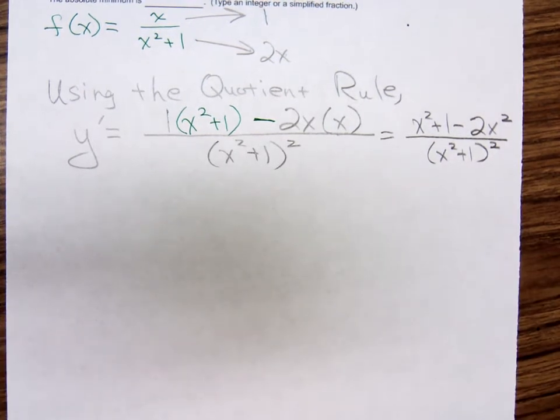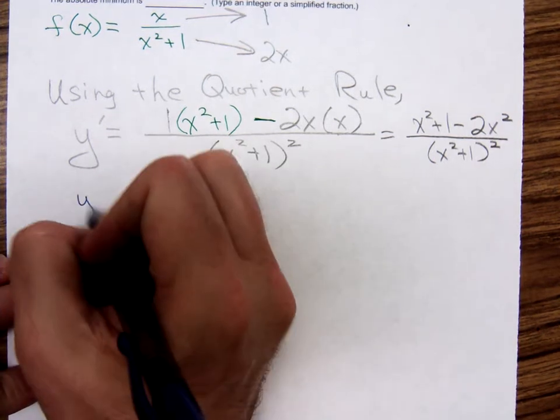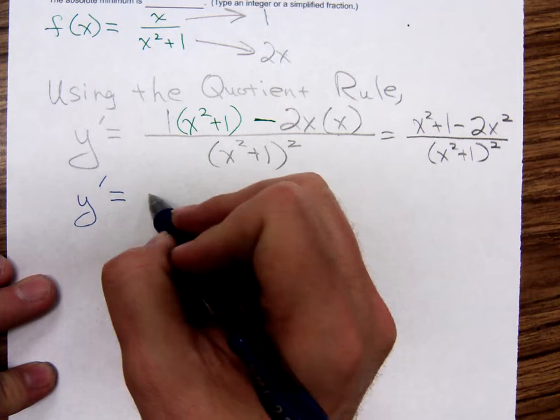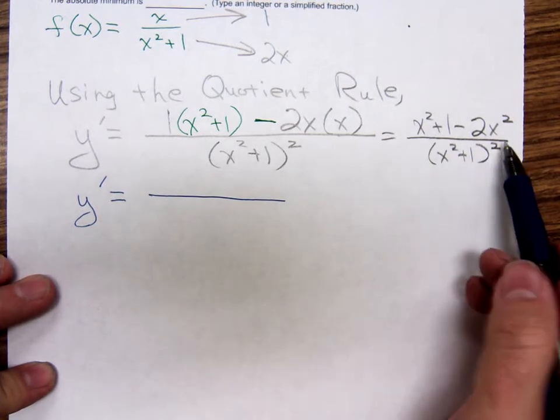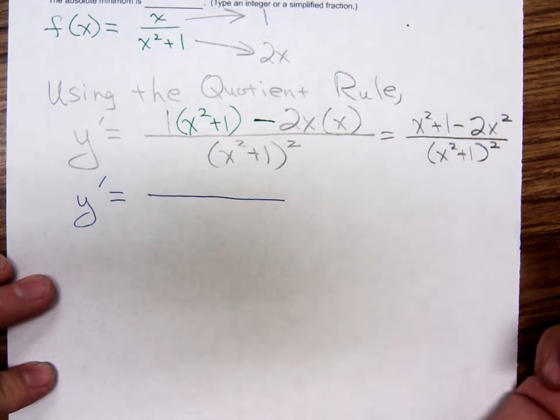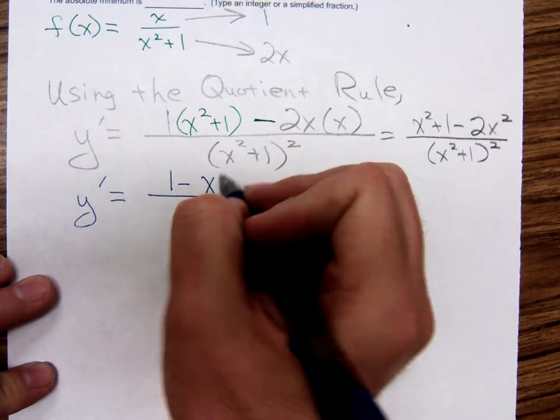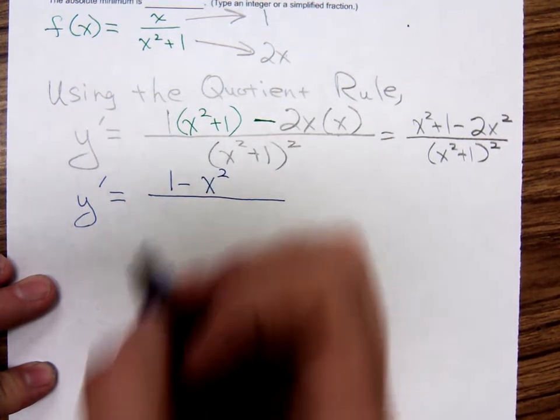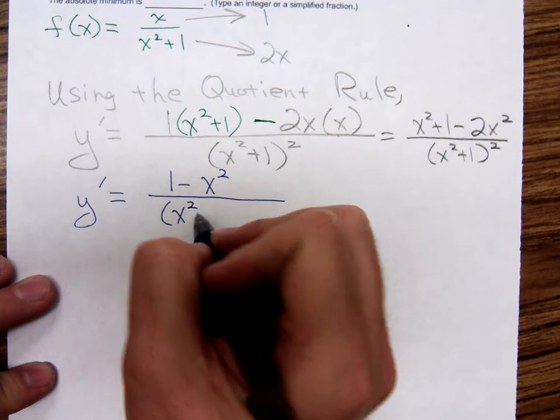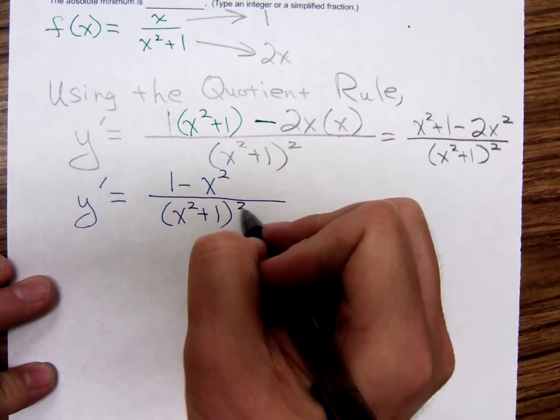So y prime equals x squared minus 2x squared, that's a minus x squared. I think I'll write it as 1 minus x squared all over x squared plus 1 quantity squared.